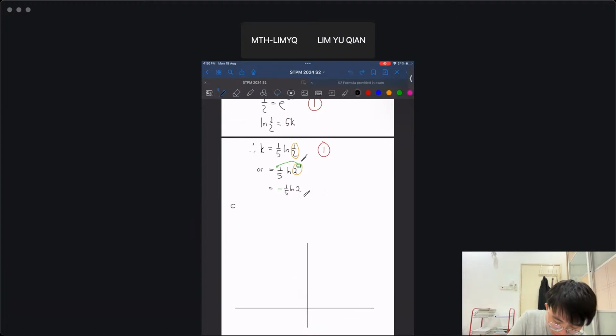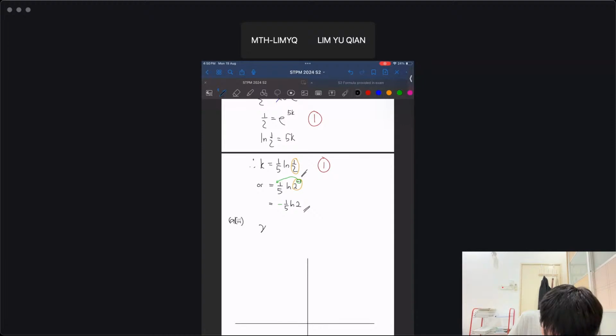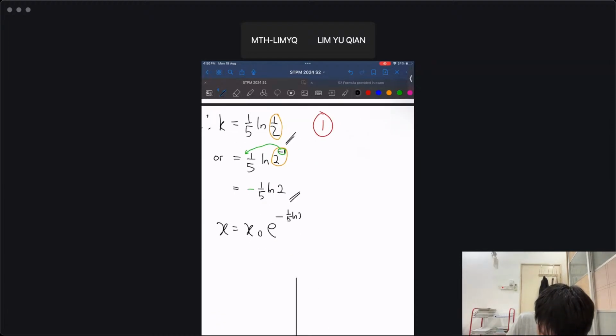Okay, part A. Because we have a k value already, so let's substitute back. x naught e^(k t). So here I will put k as negative 1 over 5 ln 2 times t.